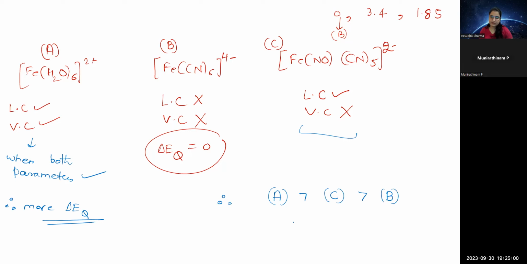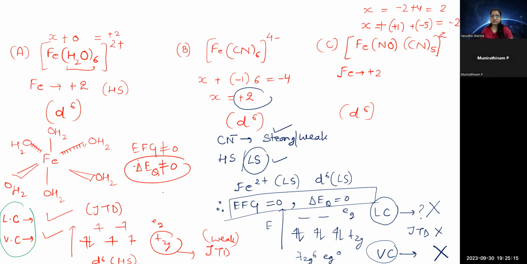Ma'am, I have one doubt. In complex A, the H2O ligand is available, the same ligand. Why do we say lattice contribution is available? Because we saw here that Jahn-Teller distortion is there. So in lattice contribution, we have to consider both the factors. I told you, right? Firstly, you see whether ligands are different or not. If ligands are different, that is a contribution. Okay, ma'am, I understood. Yeah.